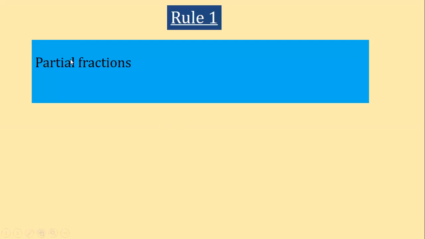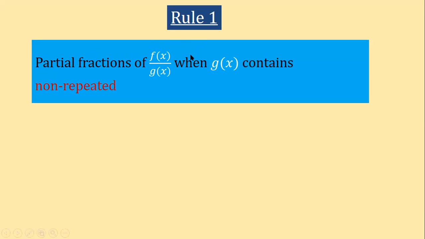To see that, we are going to look at rule 1. What does rule 1 tell us? Partial fractions of f of x by g of x, when g of x contains non-repeated linear factors.